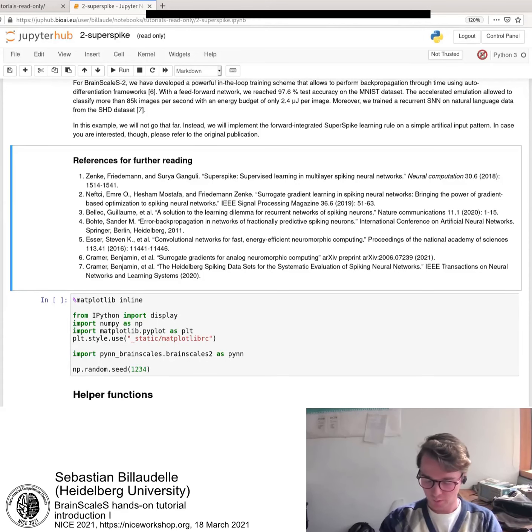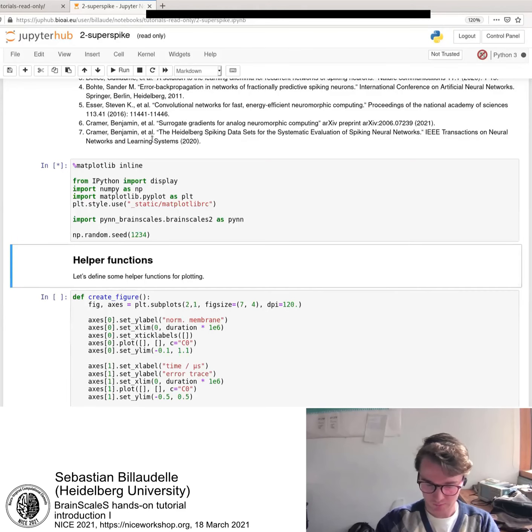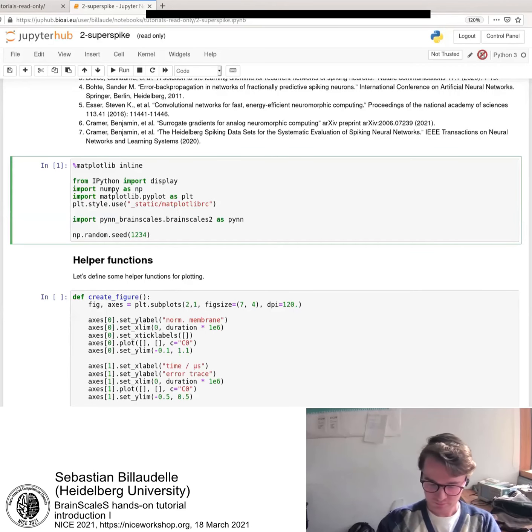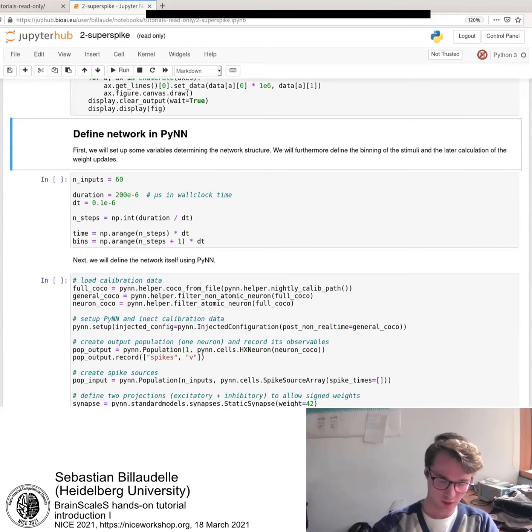So here we now want to implement the SuperSpike learning rule. Enough with the theory. We again import some stuff, including Pynn. Define helper functions for the plotting. And then we can go on and configure the network.